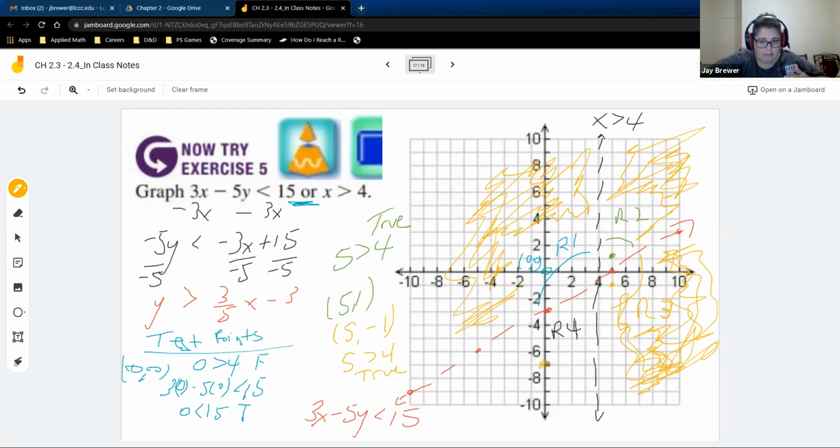Let's do like 0, -7. I'm going to write it in another color though. I'll write it in red over here. So 0, -7. So we have 0 greater than 4 is false. But we have to check the other one.